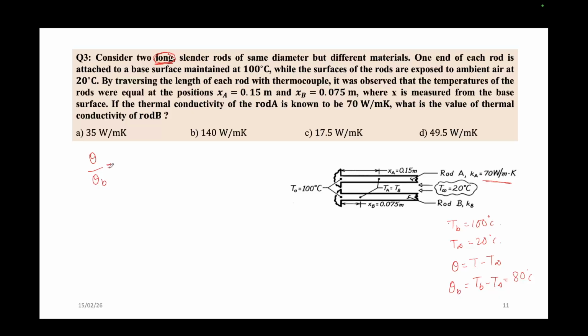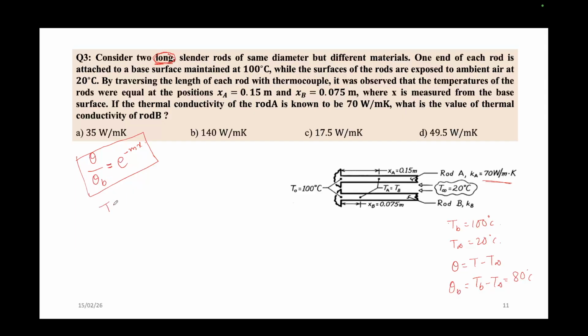So what should be theta by theta b? It is e to the power minus mx, right? So that is our temperature profile solution.